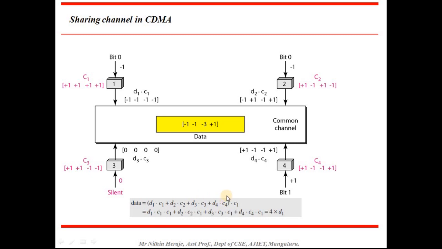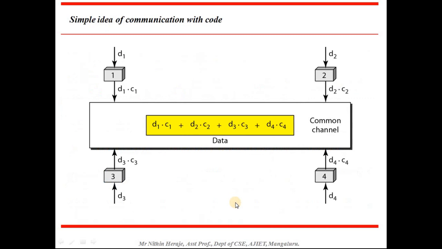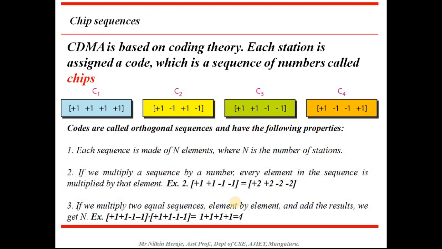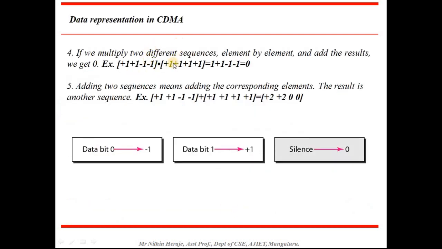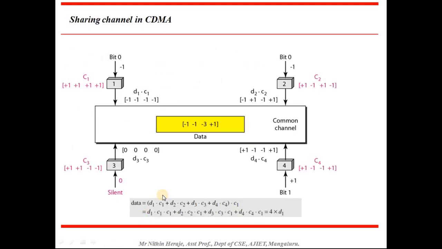And we know we have two properties. Property 3: if the same codes are multiplied, then you will get n. And property 4: if two different codes are multiplied, then you are going to get the value 0. So look at this.